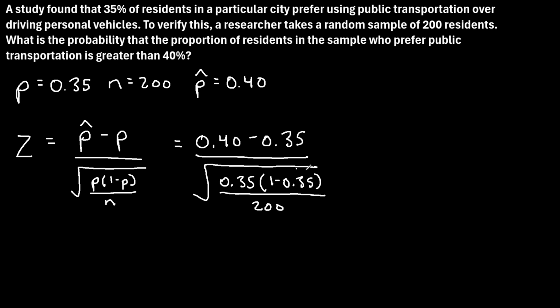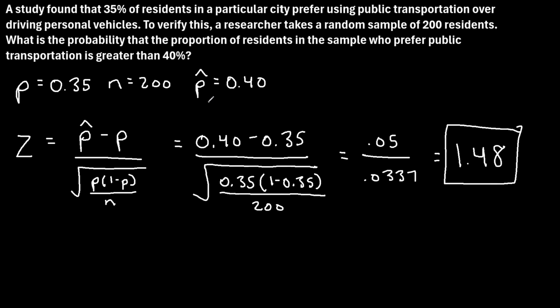If we simplify a little bit, in the numerator we get 0.05, and in the denominator, this whole expression turns out to be 0.0337. If you punch this into a calculator, that comes out to 1.48. So this is our z-score associated with a sample proportion of 0.40.